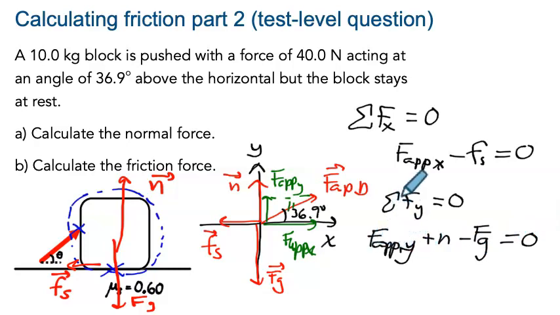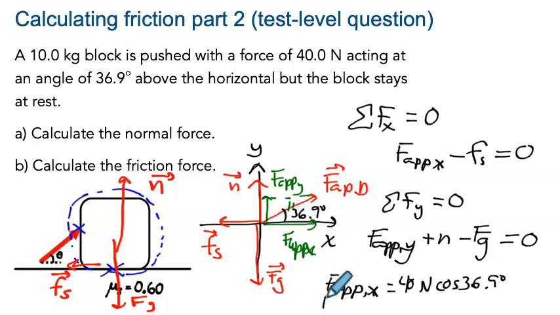So really, what we want to do next is restart from these values, understanding that F applied x will just be equal to 40 Newton times the cosine of 36.9. We know that we need to use the cosine because it's the side that is adjacent to the angle.